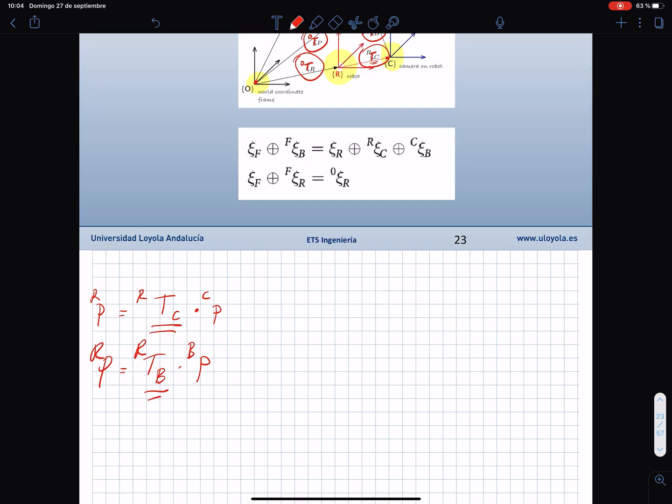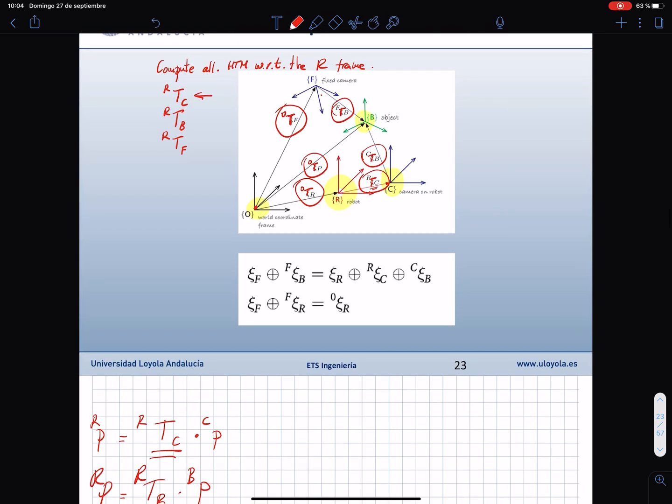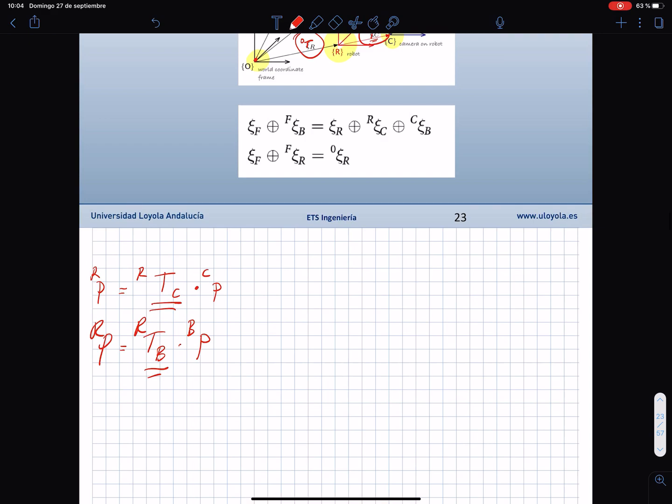But just observe something, okay? Imagine that we transform from B to 0. So transforming from B to 0, we would have P0 equals T0B PB. And this matrix is given.